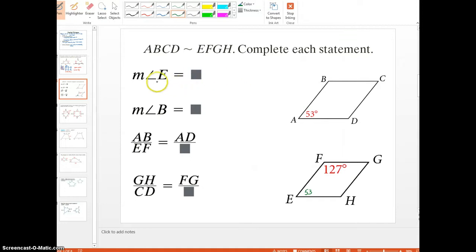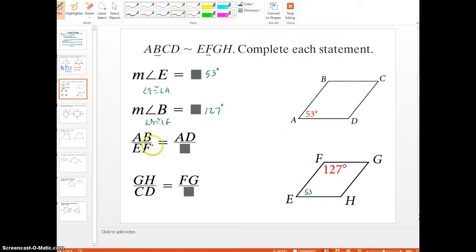So angle E is congruent to angle A, so angle E is going to be 53 degrees. We know B corresponds to F, so angle B is congruent to angle F, so angle F is 127, so angle B is 127 degrees.